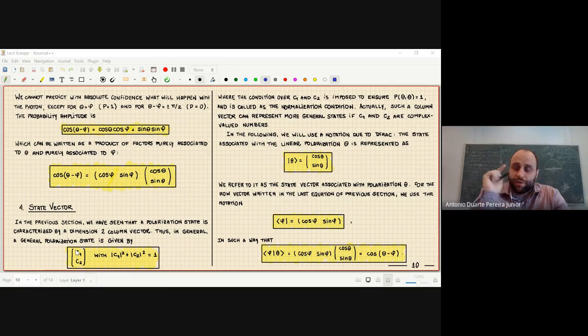And there is a further requirement, which is going to become clear soon, that the sum of the squares of C1 and C2 is 1. This is another requirement that I make about my quantum state. So the quantum state is described by a state vector such that the norm, or the size, of this vector is 1.